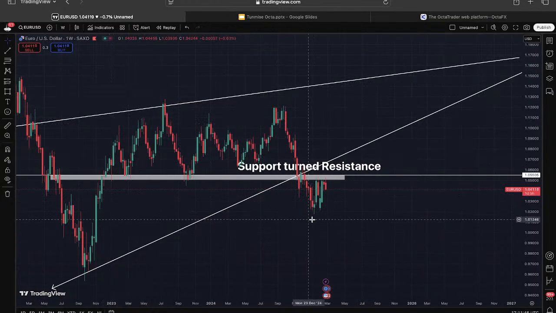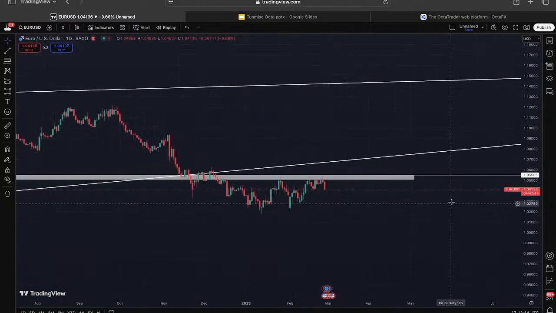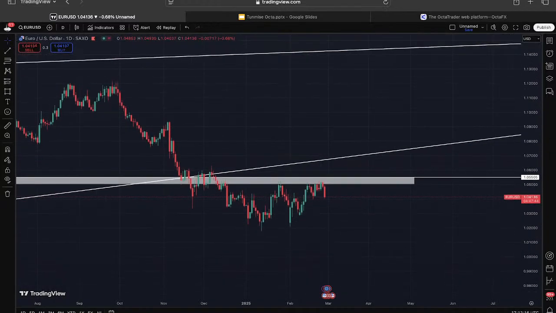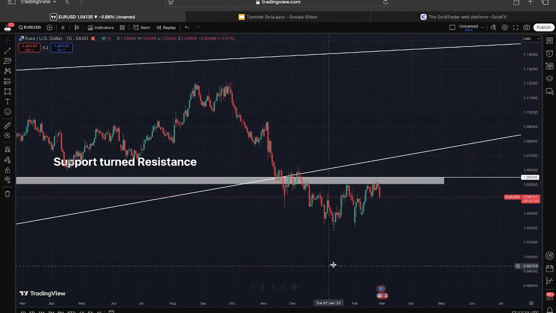So what do we see from here? Currently, price is not just at a resistance zone but also consolidating at that zone, and that's very important for us to consider, so we have to go to the lower time frame to see more closely what is going on there. So let's go to the lower time frame, which is the daily, and we can see that on the daily. Okay, good.